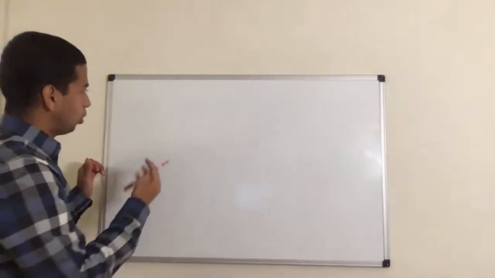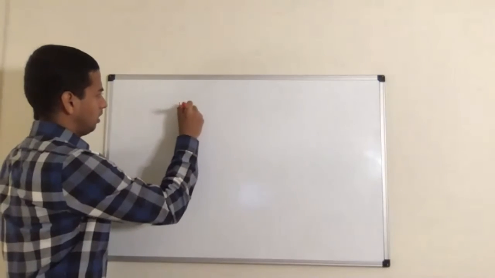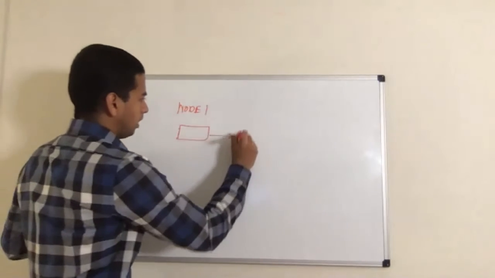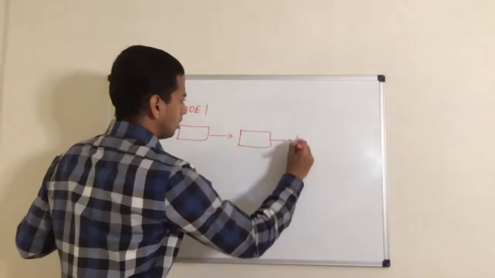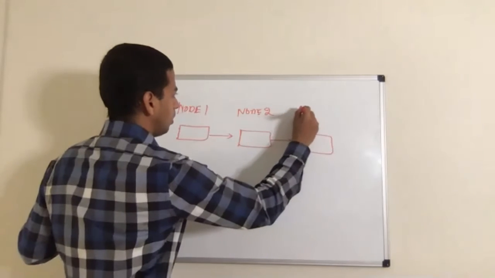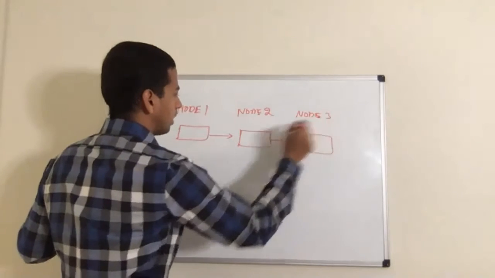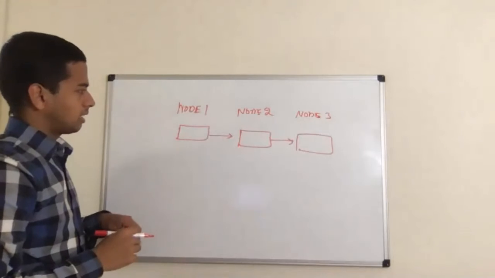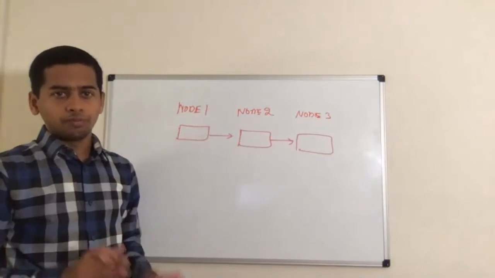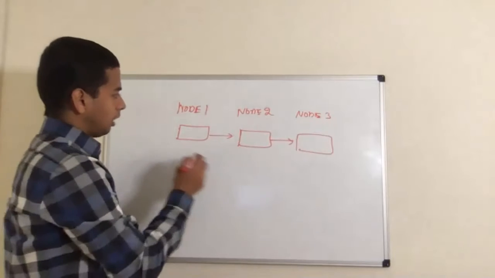So we are taking nodes. Node means compartments in real world. Node 1 is a box, and then node 2 is another box, and then node 3 is another box. Box I'm giving you as a basic example, but it's not a box. Think that you have to remove node 2 alone. Now what will you do?